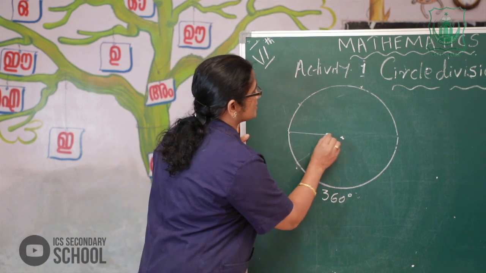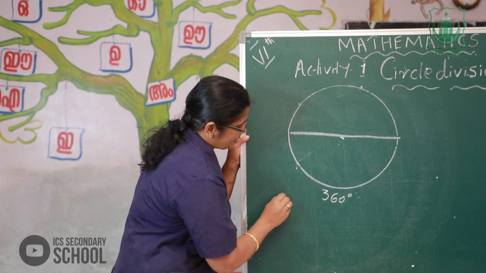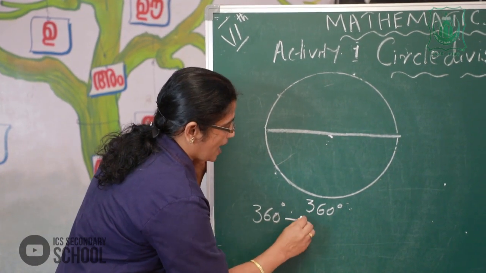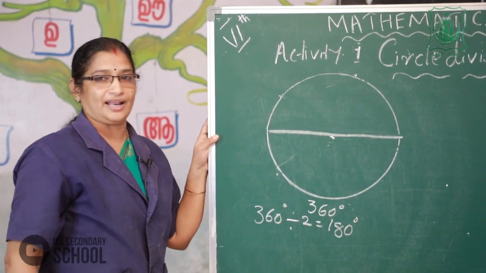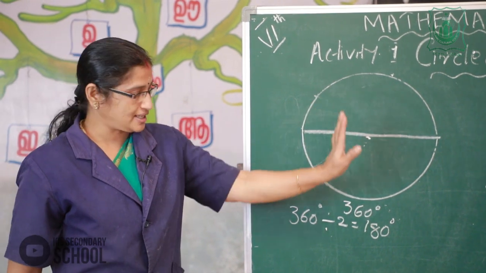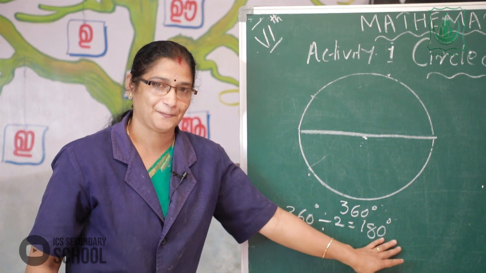Our circle, 360 degrees divided by 2, is 180 degrees. 180 degrees plus 180 degrees is 360 degrees.